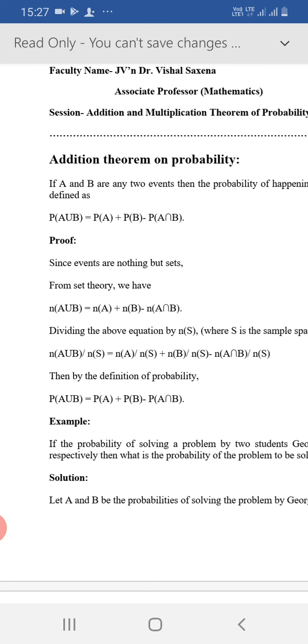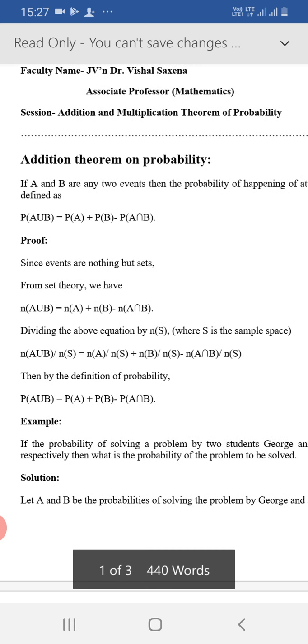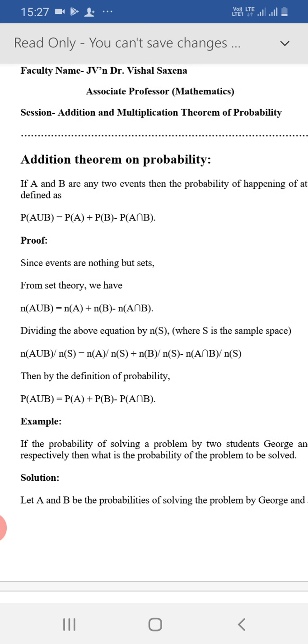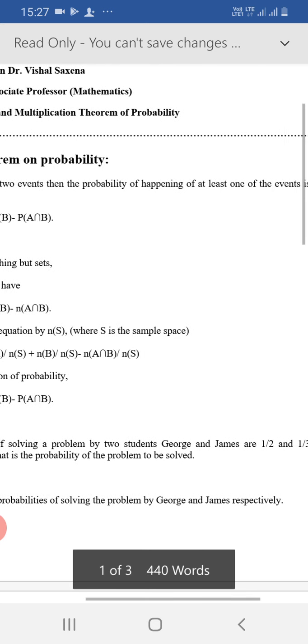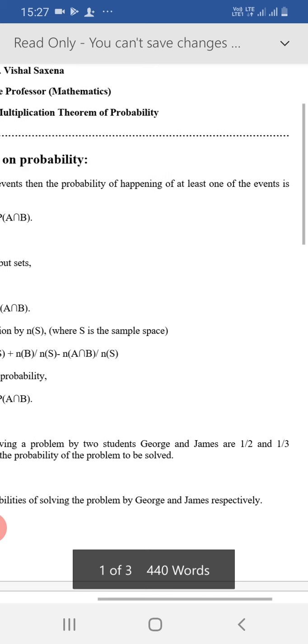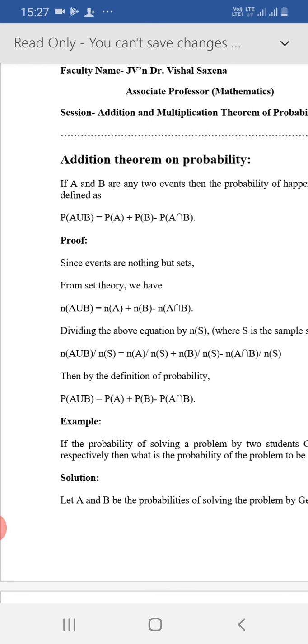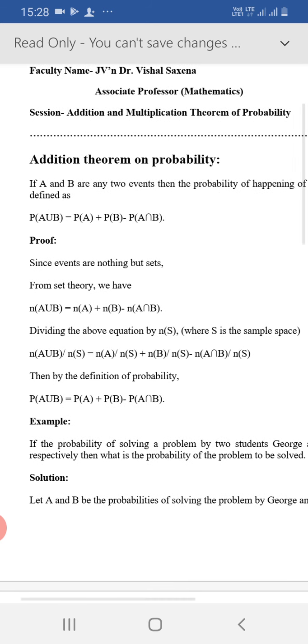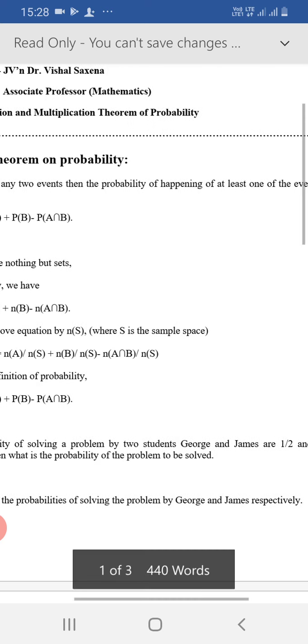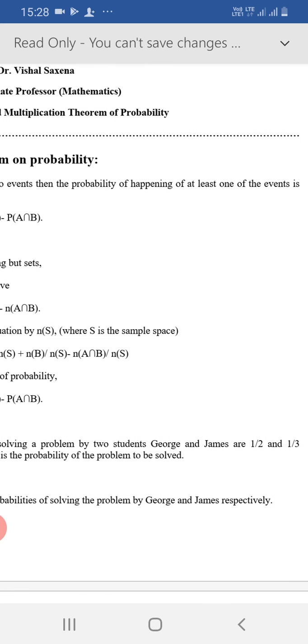Now we take an example to understand this theorem. If the probabilities of solving a problem by two students, George and James, are 1 by 2 and 1 by 3 respectively, then what is the probability of the problem to be solved? Solution: let A and B be the events of solving the problem by George and James respectively.